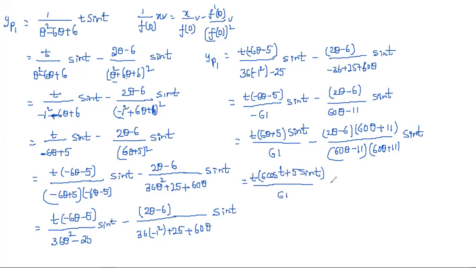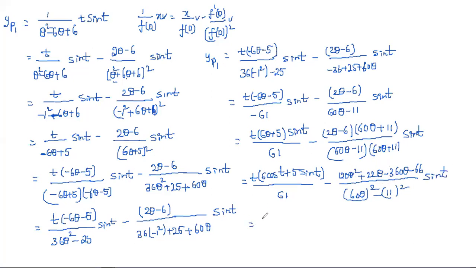And this is minus of, you can multiply the terms: 120 theta square, 22 theta, minus 360 theta minus 66 by, a minus b into a plus b, 60 theta whole square minus 11 square into sine t.